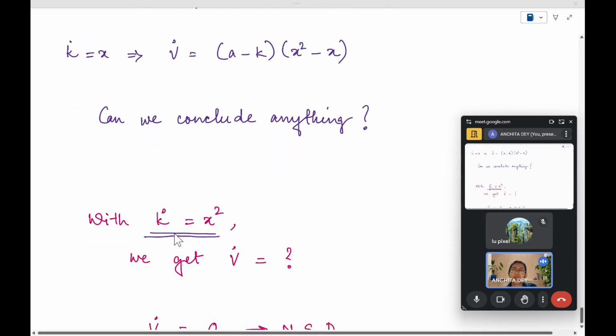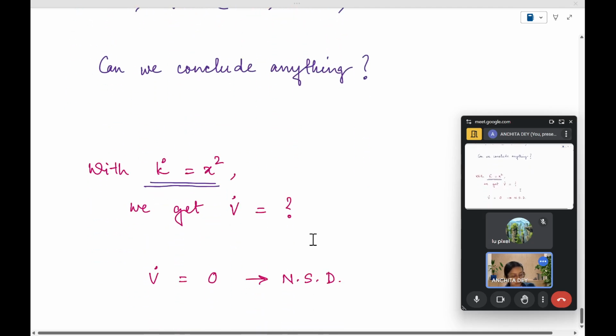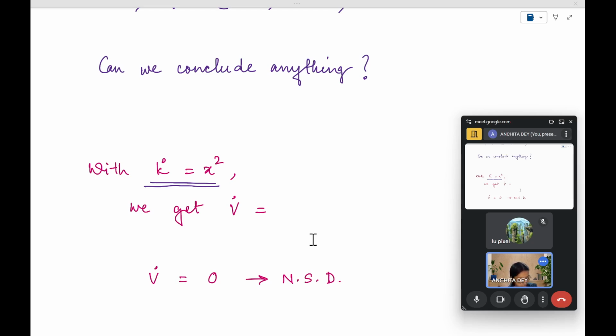But if you put k dot equal to x square, then your V dot becomes (a minus k) x square minus (a minus k) x square, and basically this is equal to 0.